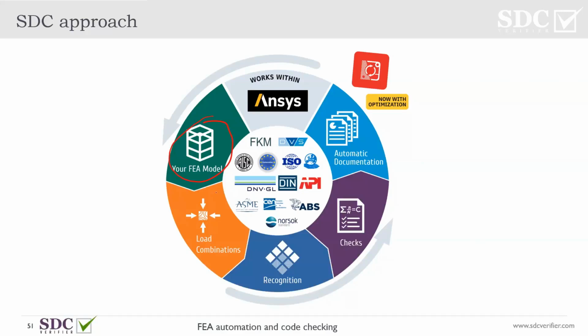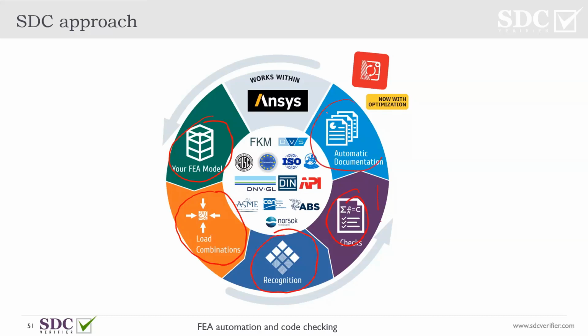Then with the help of the pre-processing tool of SDC Verifier, you're able to apply multiple load cases. You shouldn't do that manually. You do recognition of your welds and the structural components, and then you do verification according to the EN 13001 standard automatically. So all these complex formulas, you shouldn't basically care about them anymore if your input data is properly selected.